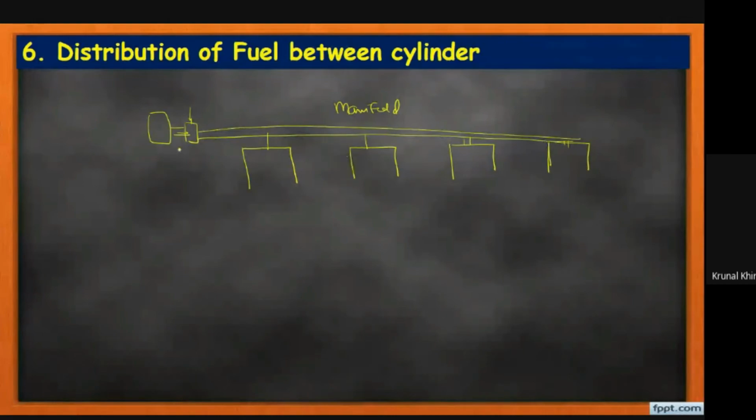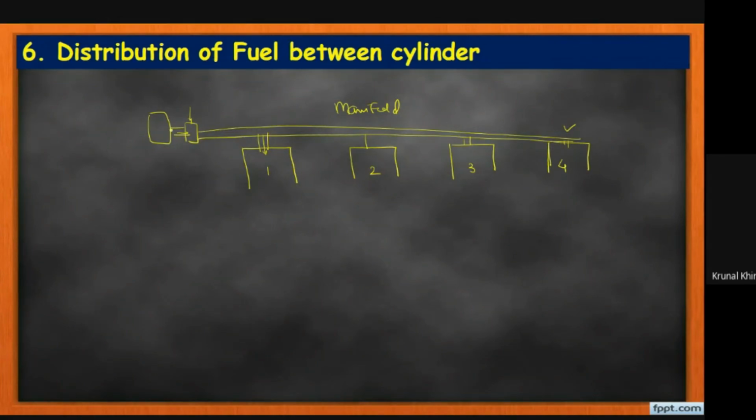So what exactly happens when the mixture reaches the first cylinder, the larger droplet size is supplied over here. Let me take this as the first, this is second, this is third, and this is the fourth. When the mixture reaches the fourth cylinder, the proportions of petrol and air get different.